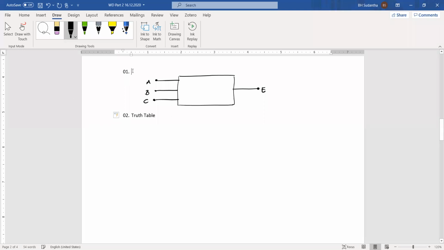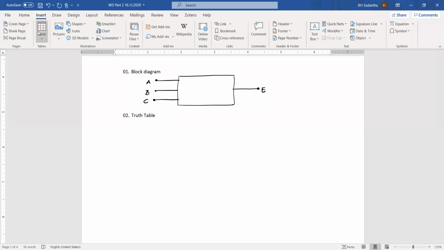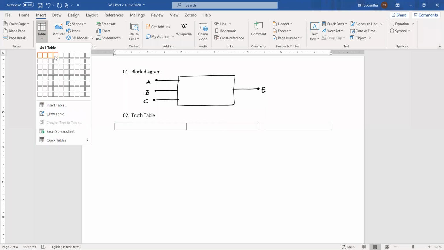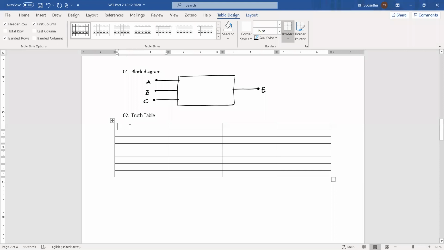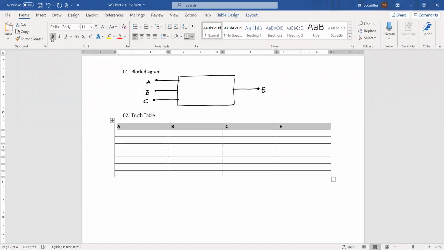Table. This is the diagram. The columns are A, B, C, E. And how can we write the conditions?